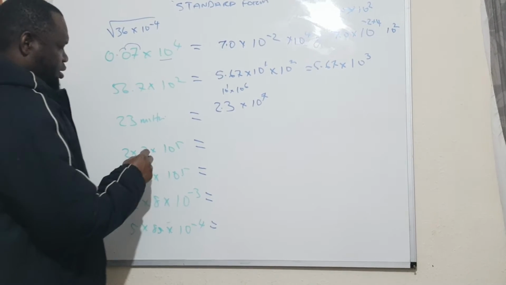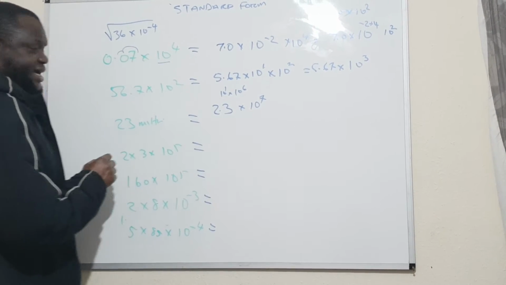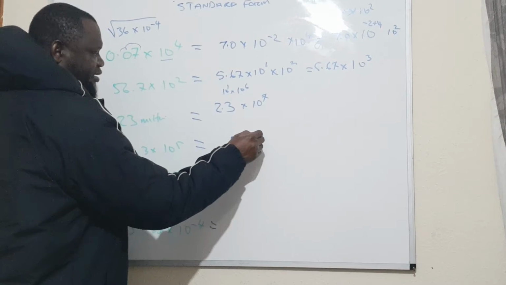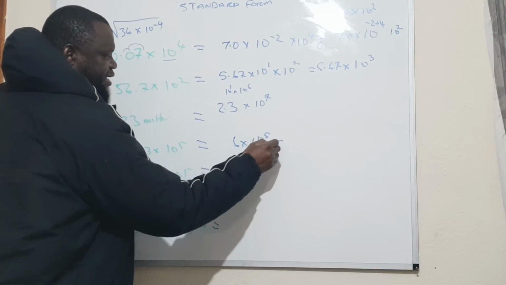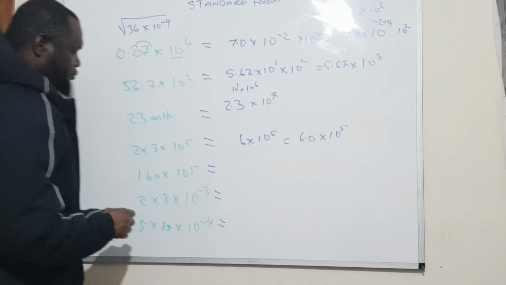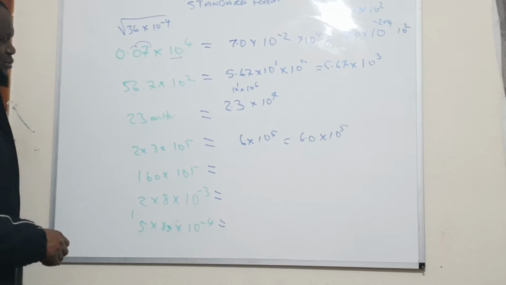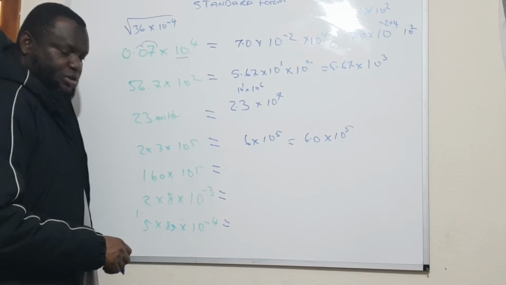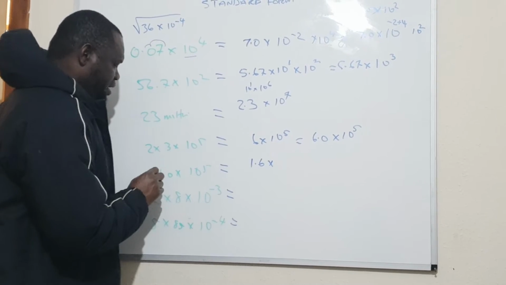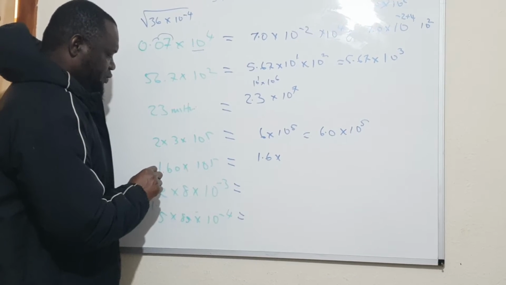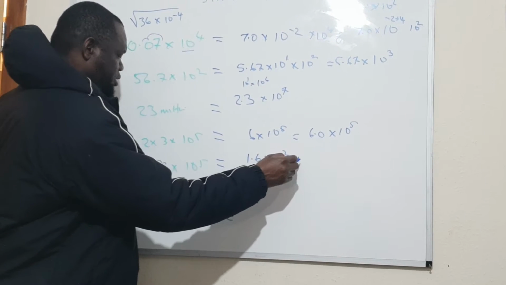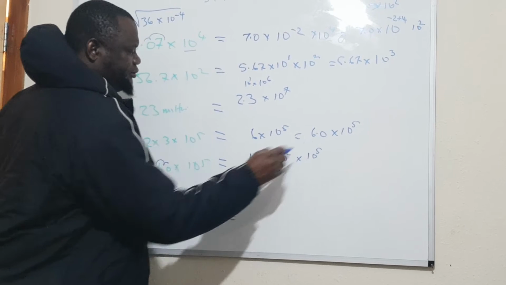What about this one? 2 times 3 is 6, yes? So 6 times 10 to the power 5, and that is 6.0 in index form times 10 to the power 5. What about this one? 160 in index form is 1.6 times 10 to the power, how much? 1, 2. 10 to the power 2 times 10 to the power 5.